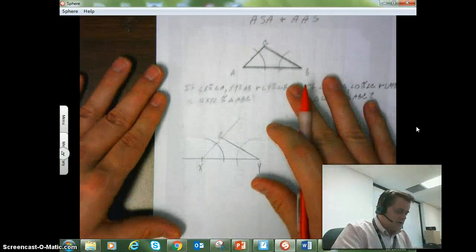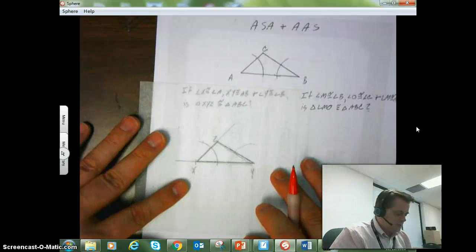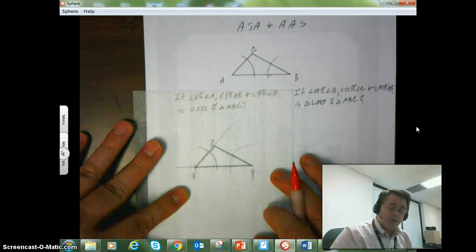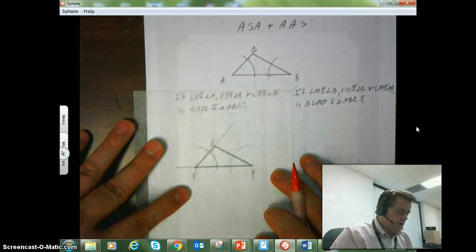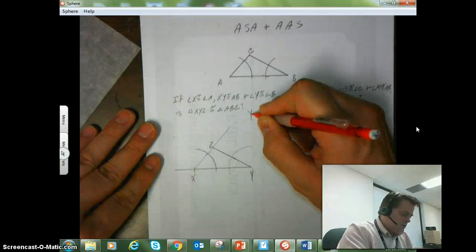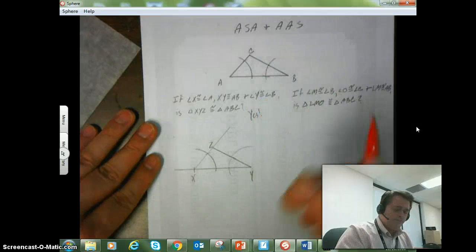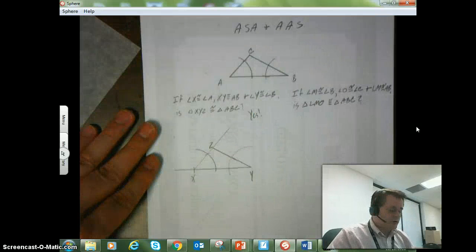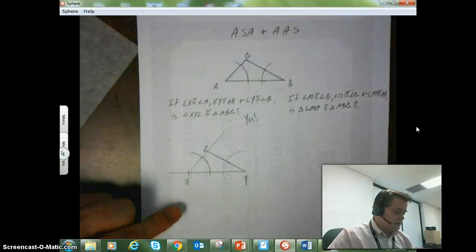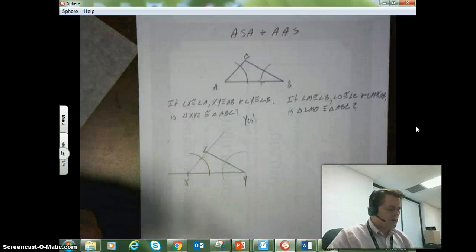And so now if I take triangle ABC and I bring it down here to compare it to triangle XYZ, it does appear that those triangles are congruent to each other. So angle, side, angle does appear to produce congruent triangles. So that's awesome. We got one more triangle shortcut that we can use.